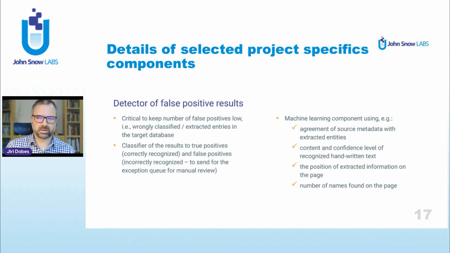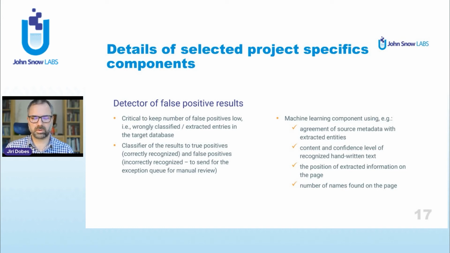We have built a machine learning method on top of certain signals. For example, whether the data extracted from the document matches the existing metadata in the source system, or if the extracted information is handwritten, what is the confidence level, or where the information is present on the page.